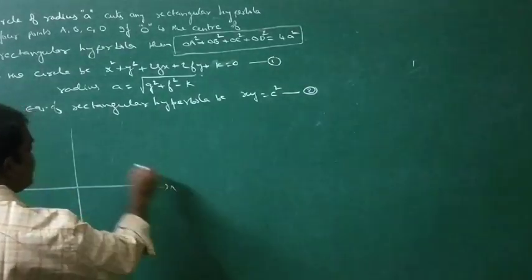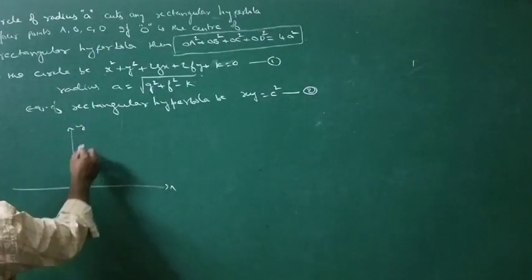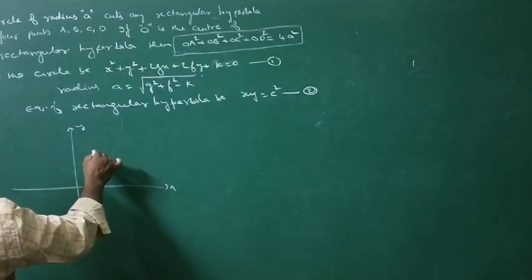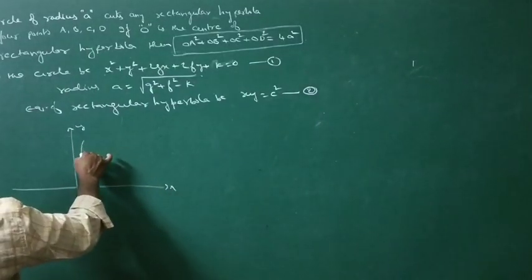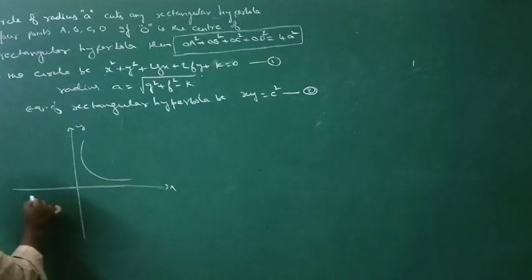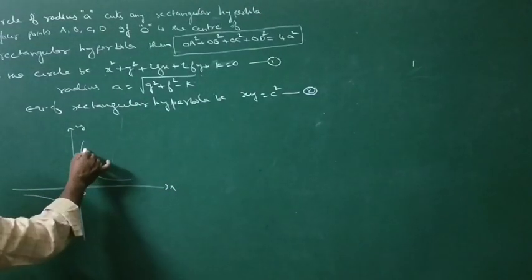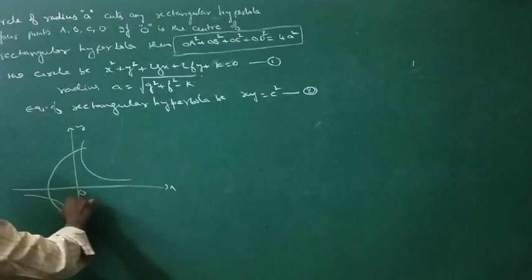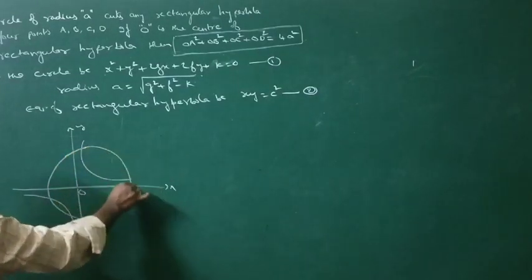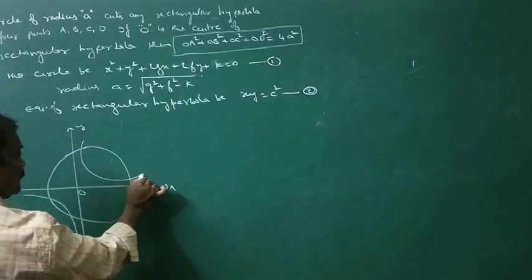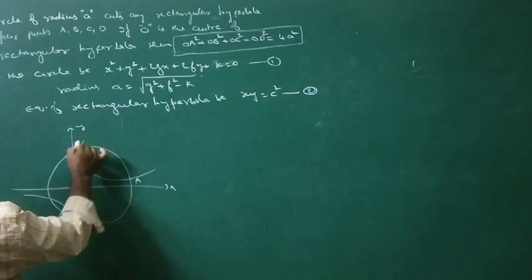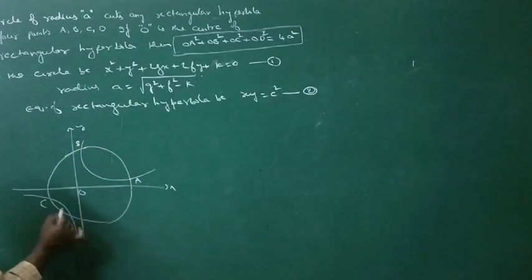This is the x-axis and this is the y-axis. This is the rectangular hyperbola with center O. The circle cuts the rectangular hyperbola at 4 points A, B, C and D.